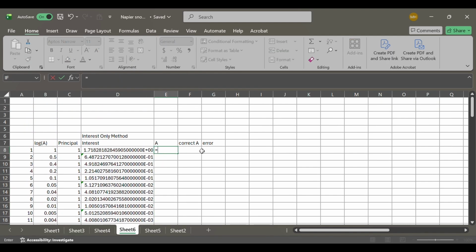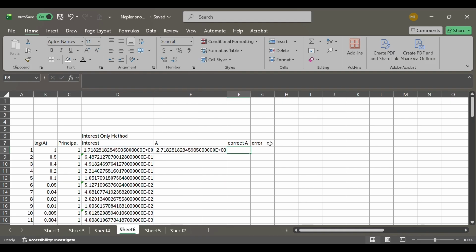And that does look like, if we add 1 to the interest, that looks like E. How close is it? I would be happy with 10 machine epsilon, because there are a lot of calculations here for an error.